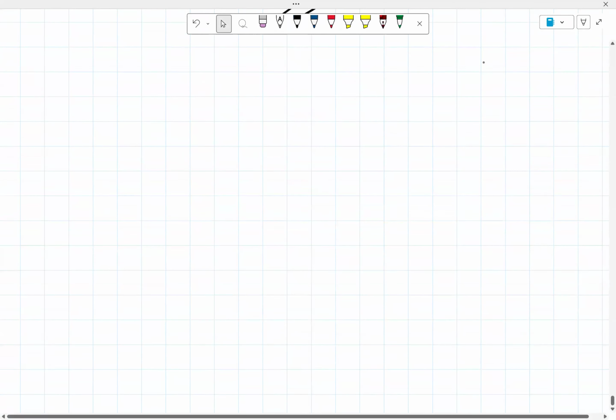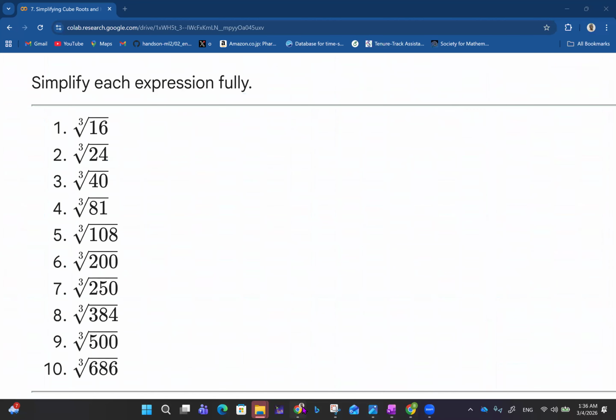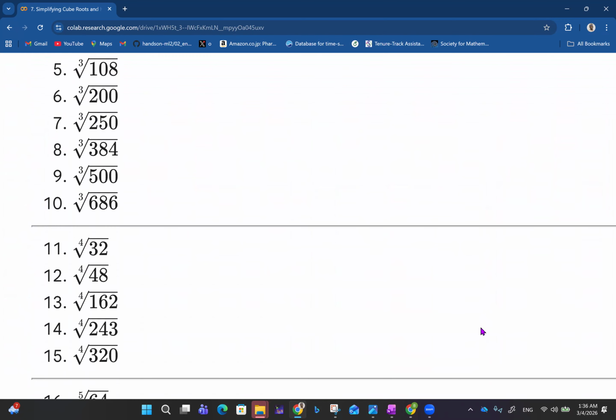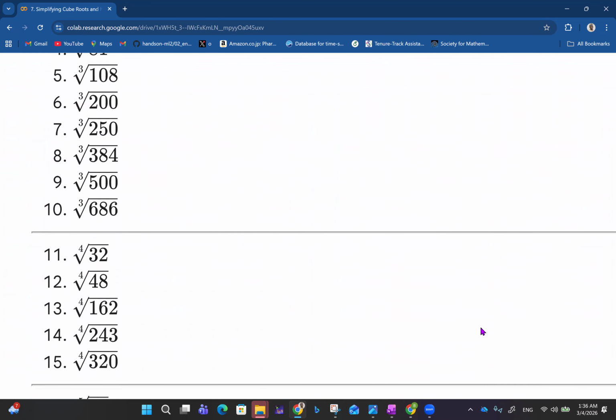Okay, so we go for the fourth roots. Let me pick 320: the fourth root of 320.